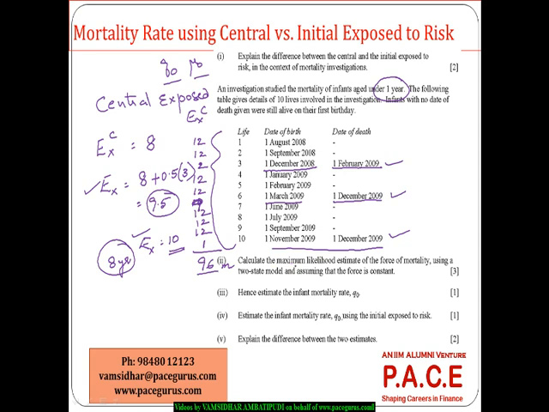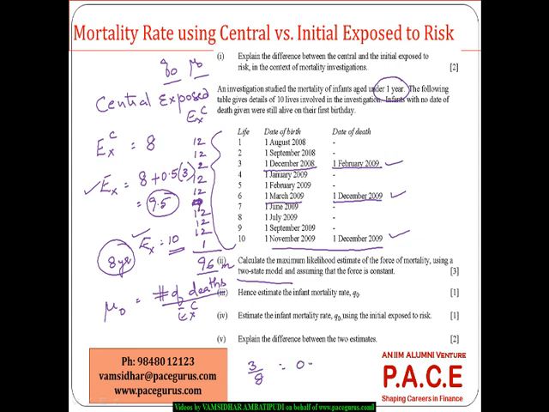Now the question: calculate the maximum likelihood estimate of the force of mortality. We know that the maximum likelihood estimate of the force of mortality, if I am going with a two-state model, is the number of deaths divided by the central exposed to risk. We have seen that there are 3 deaths and the central exposed to risk is 8 years.